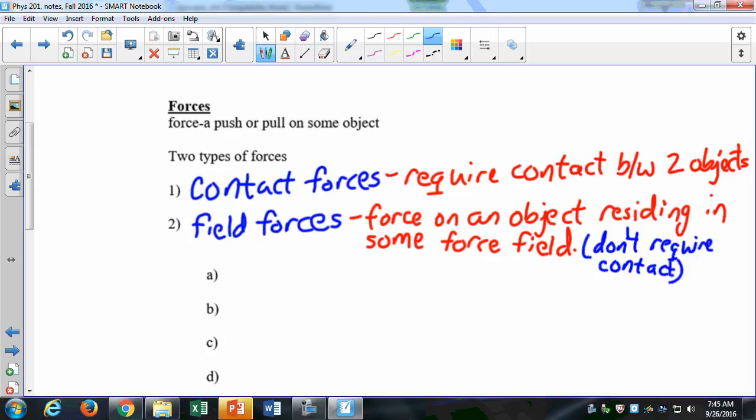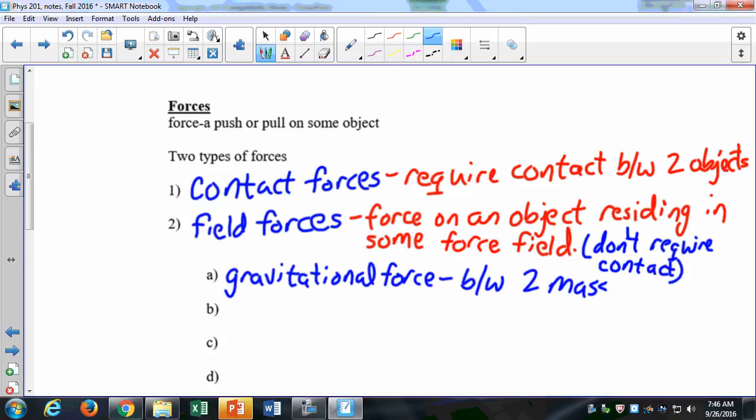So like right now, between you and the student next to you, there's a force between you. It's an attractive force, actually. And then also within you, there are other field forces that work between the charges in your body. So we have 4 different types of field forces. You just need to be familiar with them, especially the first two. The gravitational force is between two masses, the force between two masses.